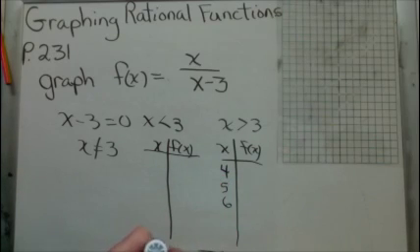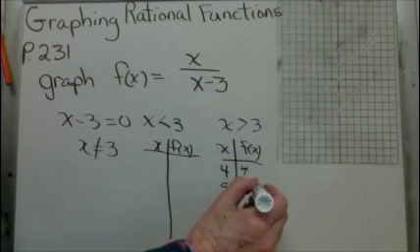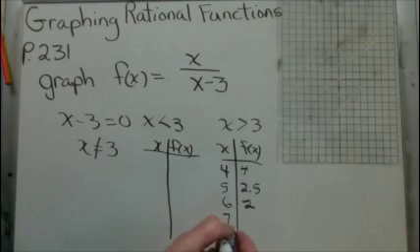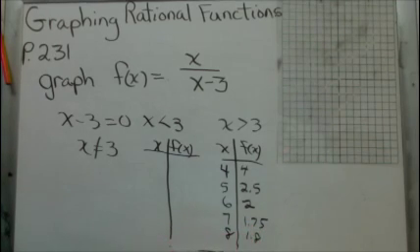And if I plug those in, I get the values 4, 2.5, 2. If I try 7, I get 1.75. If I try 8, I get 1.8, and so on. And then I wonder, well, what happens when I try really, really big numbers?